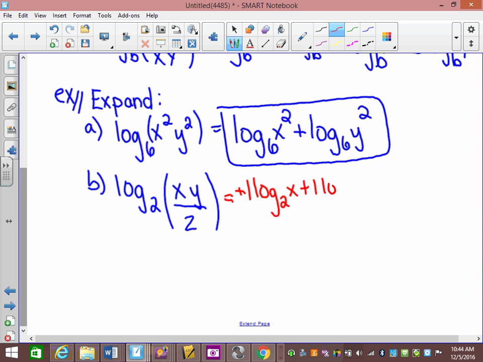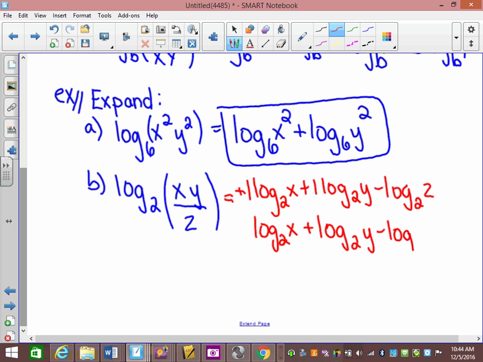Positive 1 log base 2 of y. And then negative 1 log base 2 of z. Now you don't need the ones in front, so this could just be log base 2 of x plus log base 2 of y minus log base 2 of z.